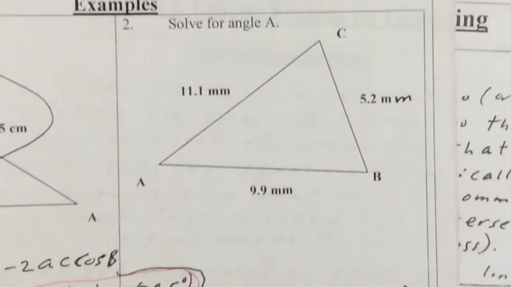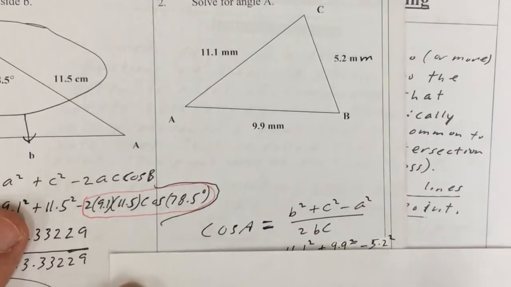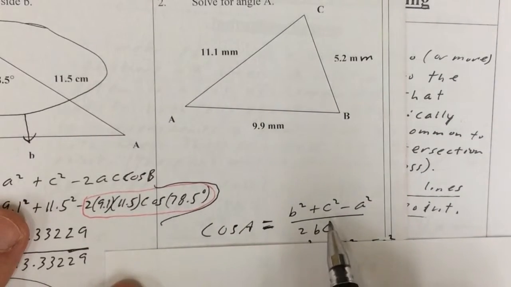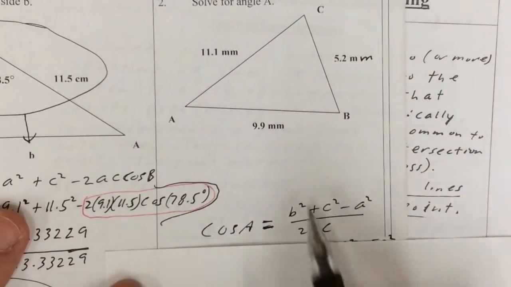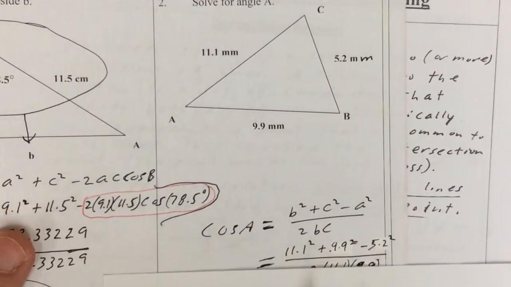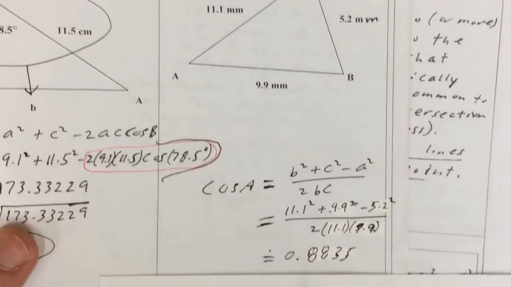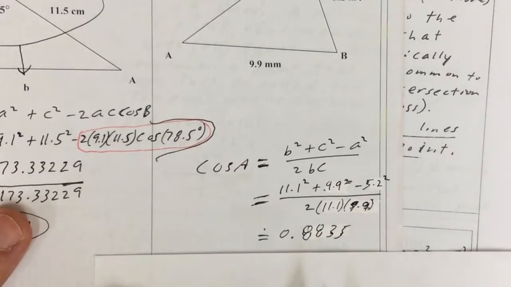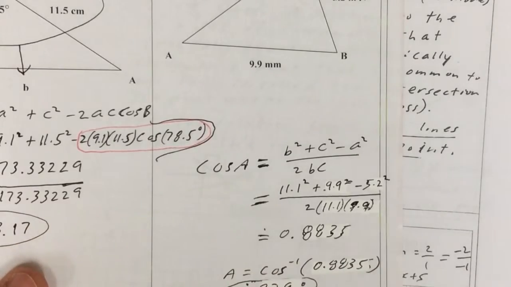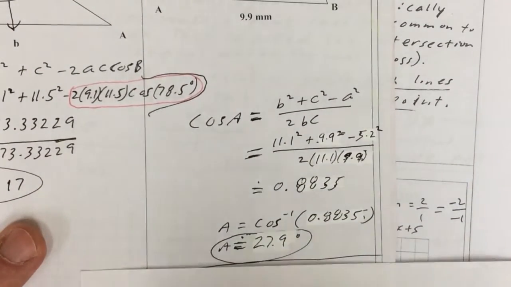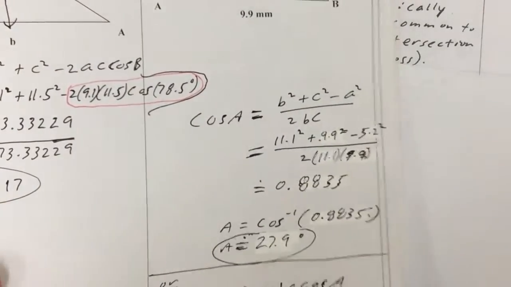You're going to use this formula here, the one to solve for the angle. So the a is there, and b and c are the other two sides. Plug it all in. You get a nice decimal number to about 4 decimal places, or keep it in your calculator completely, and then do cos inverse of that, and it gives you the angle of 27.9 degrees. And that's our cosine law.